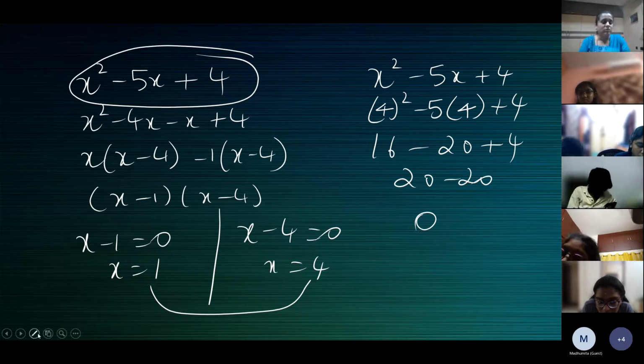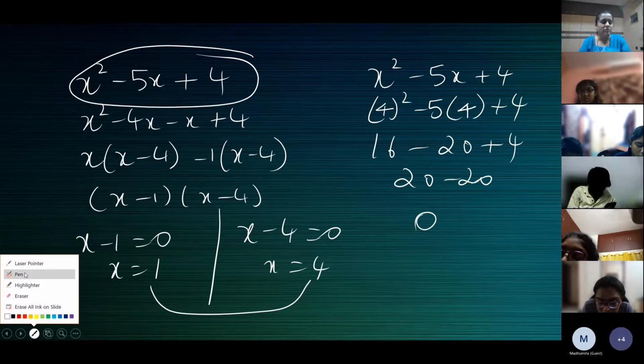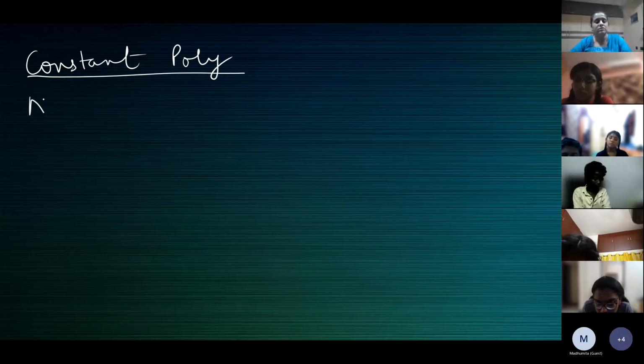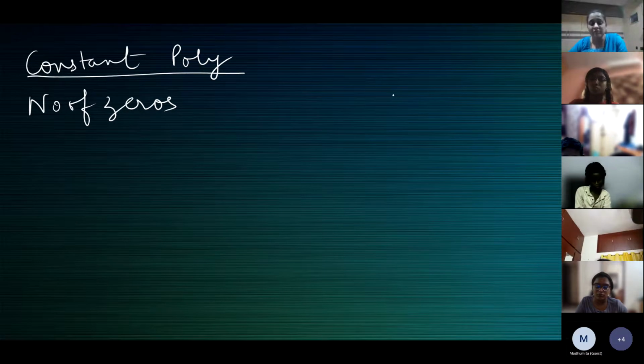So now we'll move on to constant polynomial and zero polynomial. We'll understand the number of zeros a constant polynomial has. I'll write the result, but we'll just take an example.